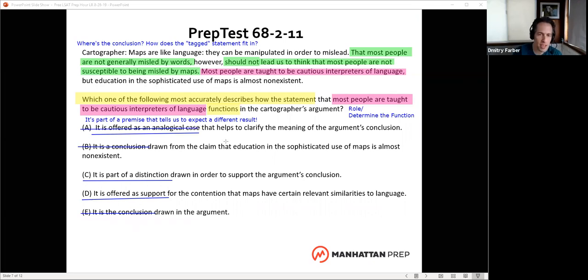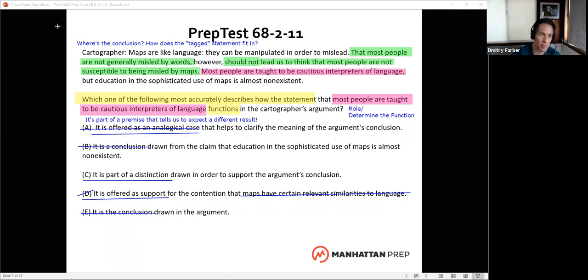So both C and D are talking about supporting. C says it's part of a distinction that supports the argument's conclusion, so it calls it a premise, basically. And D says it's offered as support, but support for what? The contention that maps have certain relevant similarities, opposite, right? They're not talking about similarities of maps and language, they're talking about a difference.